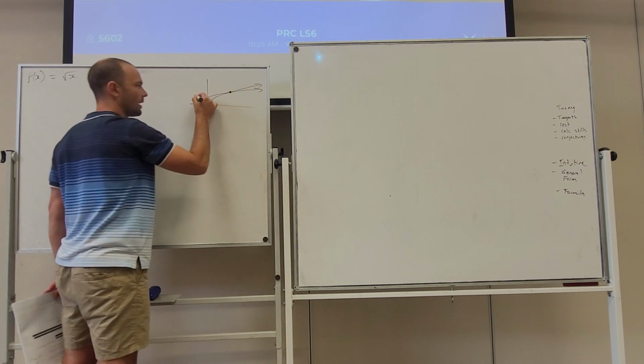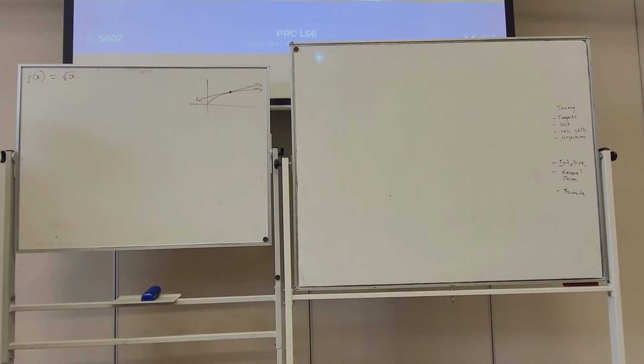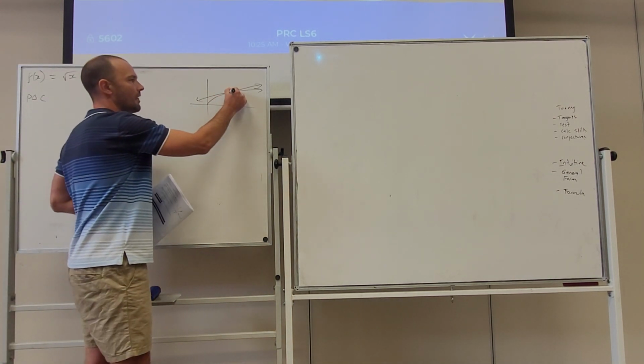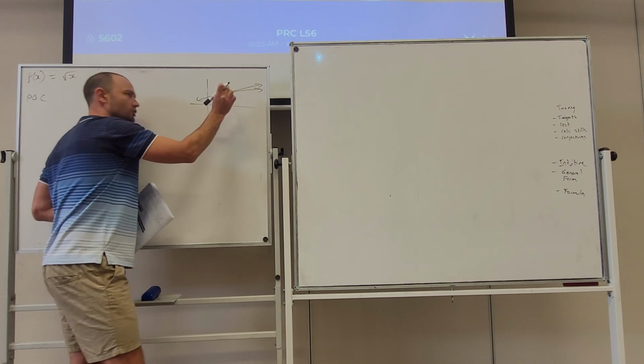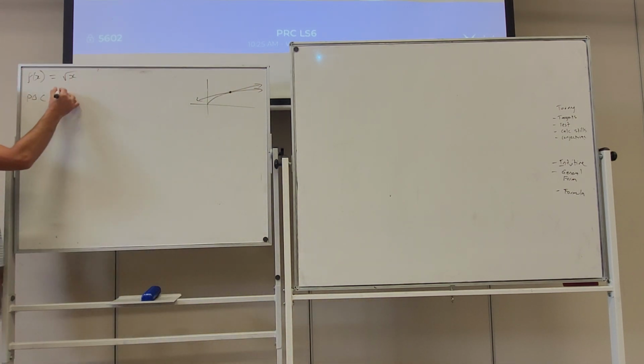So I'm finding the equation of this line. For a tangent, we always need 2 things. We need what's called the point of contact, the POC. And just like you think back to ARUC, we've got lots of cool little acronyms here: POC, point of contact. That's where the tangent touches the curve, where it has contact with the curve.